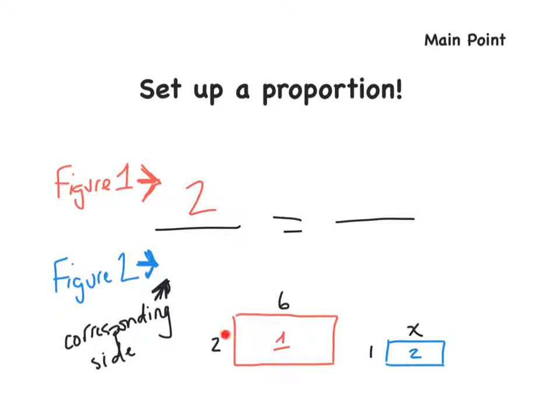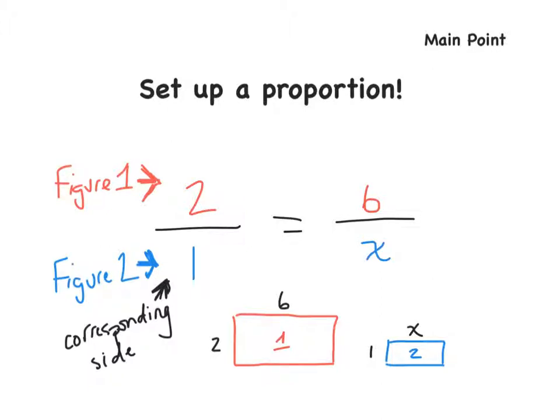The corresponding side for this over here is 1. So I'll put 1 here. Now remember, in the numerator over here, we need everything that's in figure 1. So we have a 6. Now the corresponding side for 6 is x.